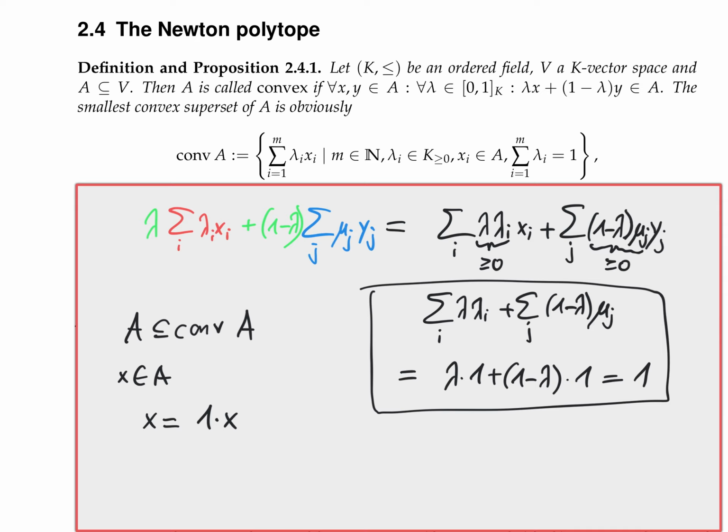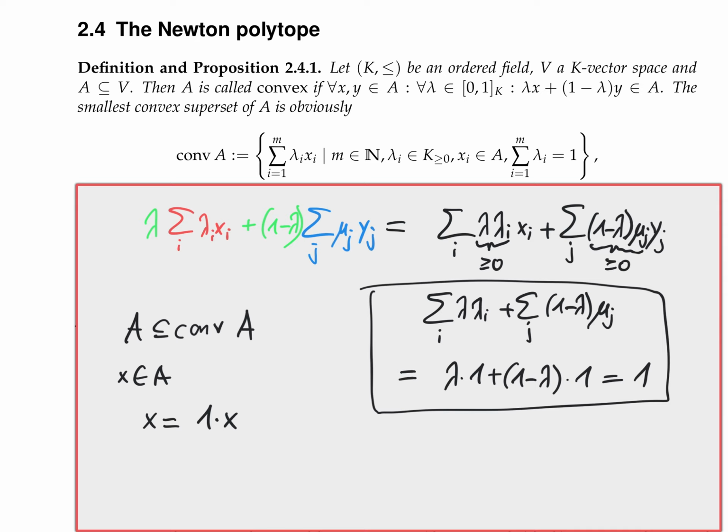So it's a convex superset of A, and why is it contained in every other convex superset of A? Well, if I have a convex superset of A, I can easily prove that each convex combination of elements of a convex set is actually in the convex set.